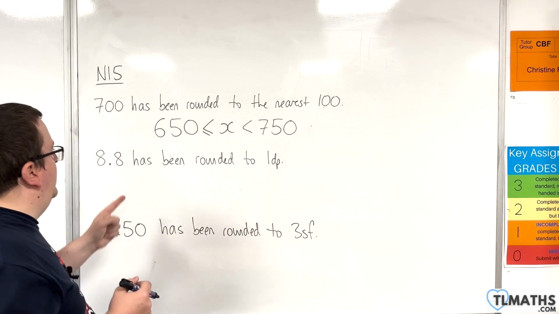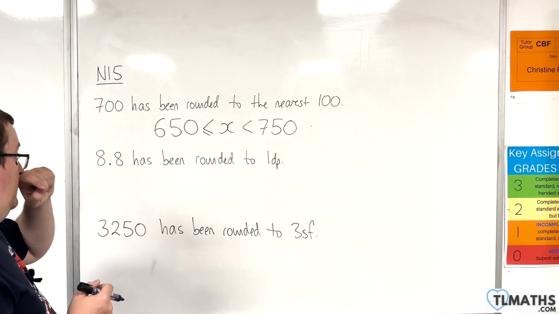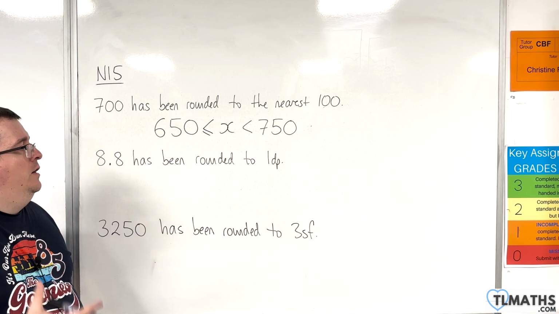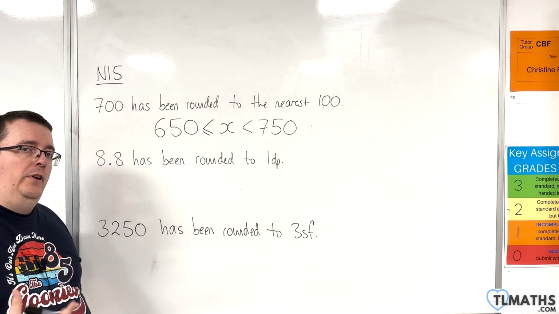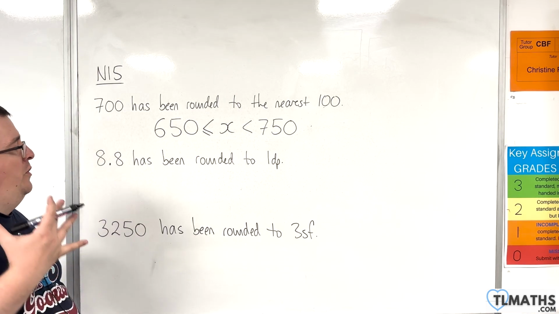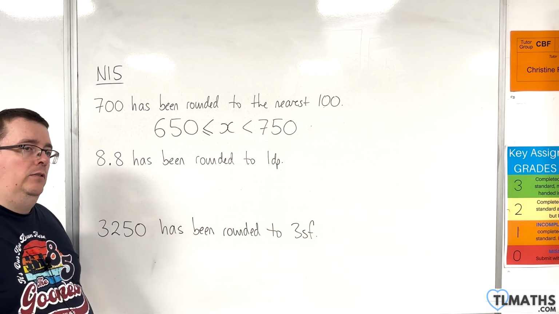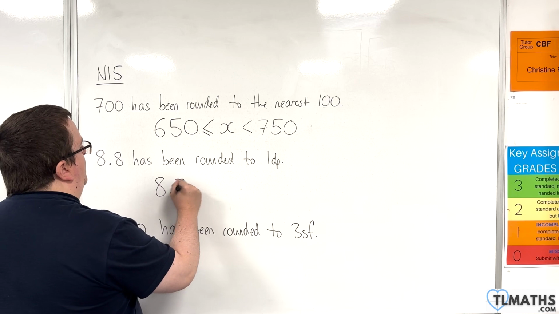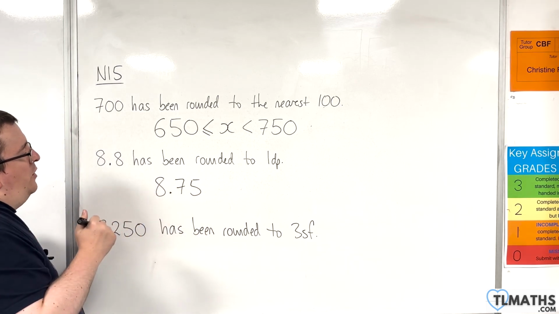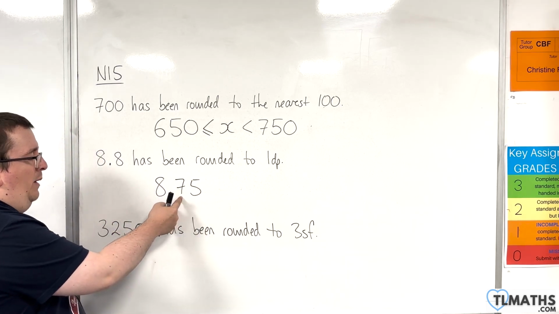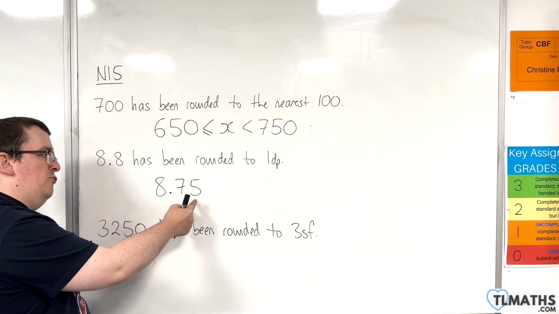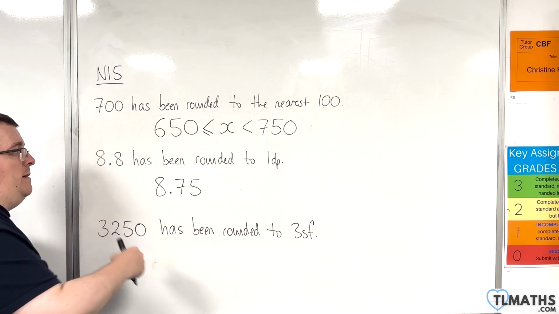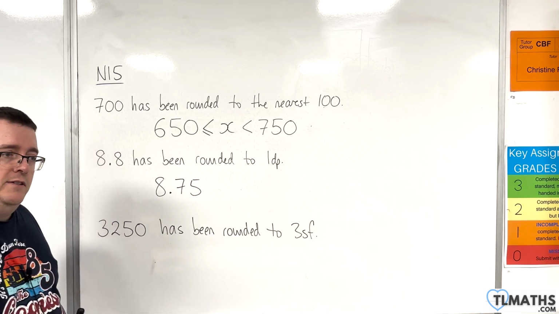So let's take a look at our second example. 8.8 has been rounded to 1 decimal place. So what is the smallest it could have been that would have rounded to 8.8? That would have to be 8.75, wouldn't it? Because here is the first decimal place, and the number to the right is 5 or more, which means it rounds up to 8.8 to 1 decimal place.